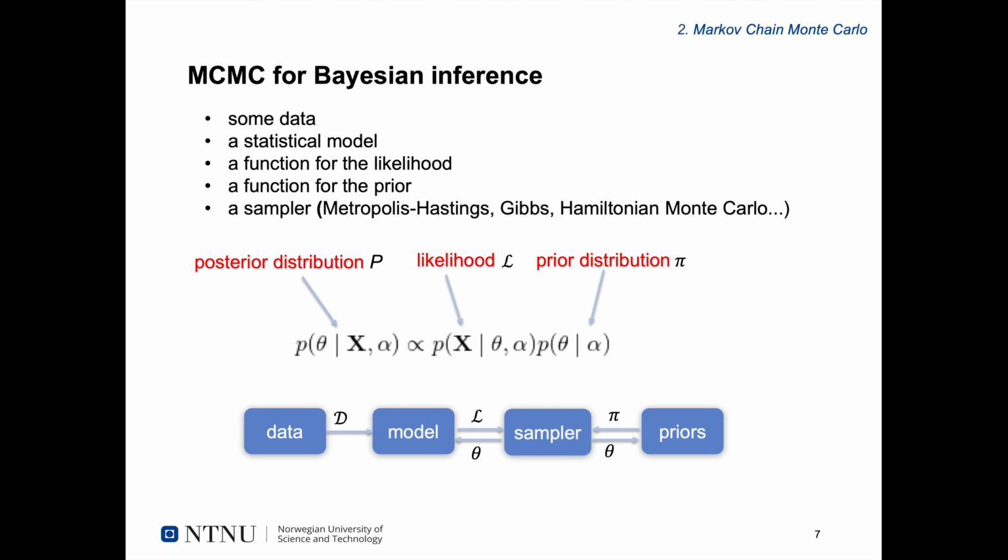Then the sampler returns an updated value of theta and feeds it back to the likelihood and prior. This process repeats iteratively many times to obtain sufficient samples for theta. Hopefully, the density distribution of the samples converges to our target posterior distribution.